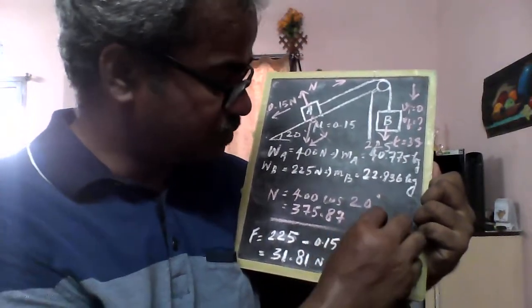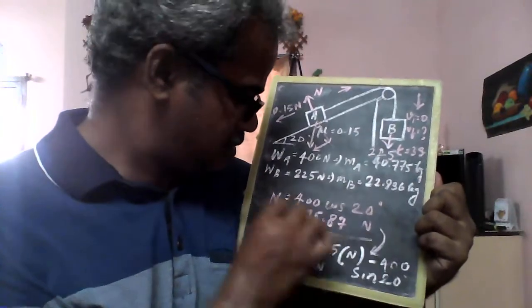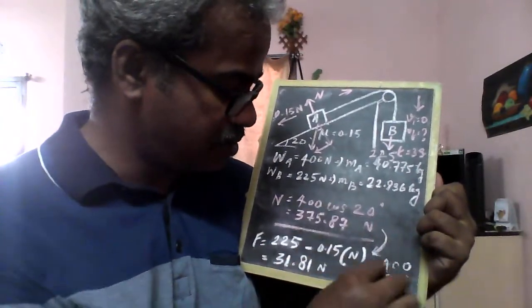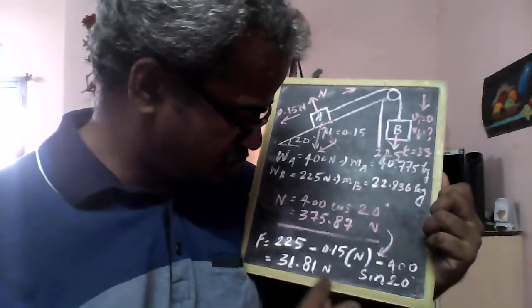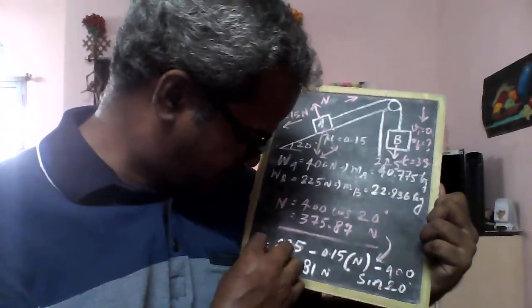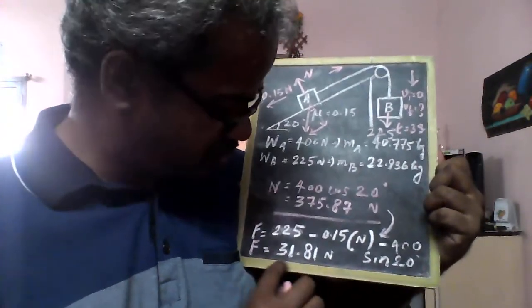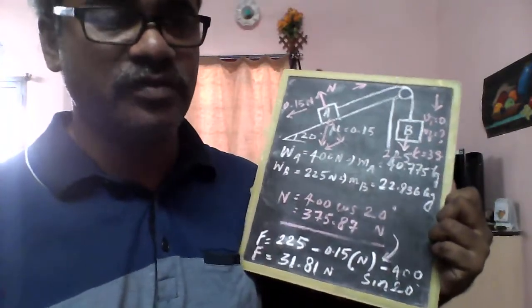If you substitute the N value here, you will get all constants, and the force F will be 31.81 newton. So this is the force.